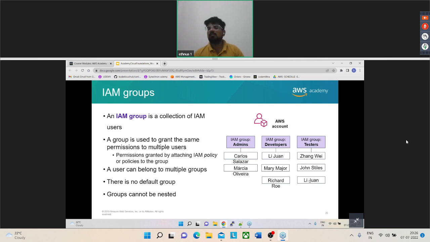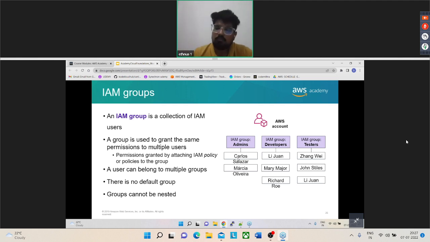For example, suppose Zian knows application development and testing. So for whatever services are part of development and testing, he is going to have access for both, because all those things are written inside the individual policies which are attached to the IAM developer group as well as the tester group.